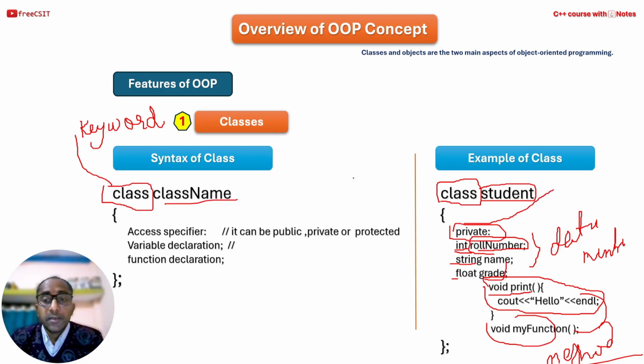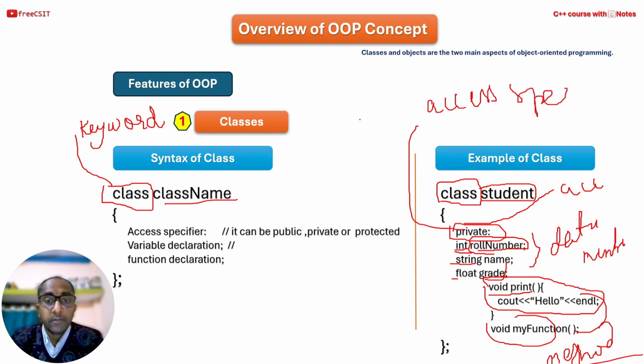It is the access specifier. It may be public, private, protected.